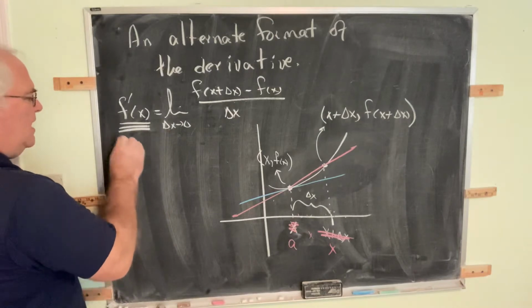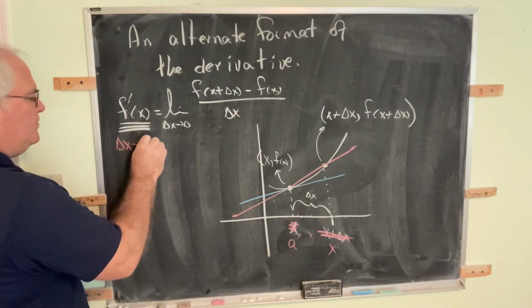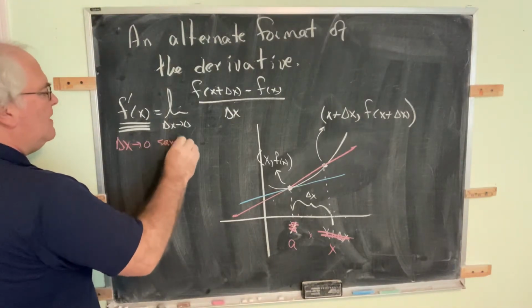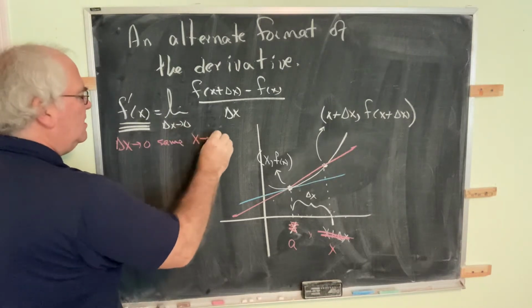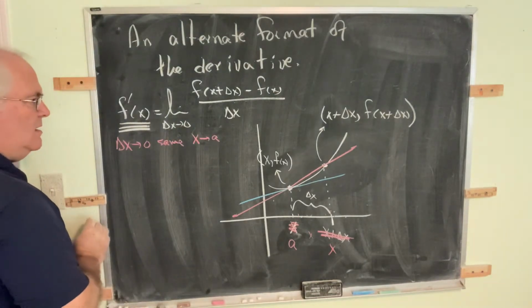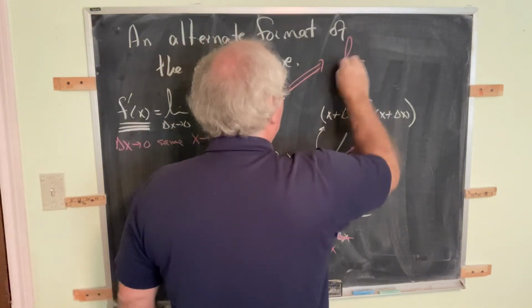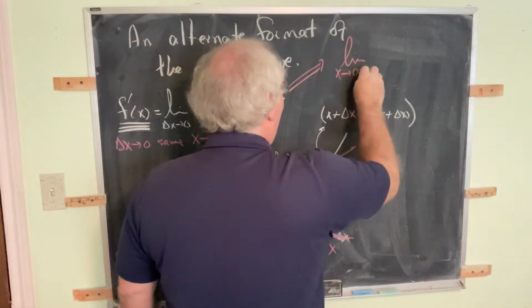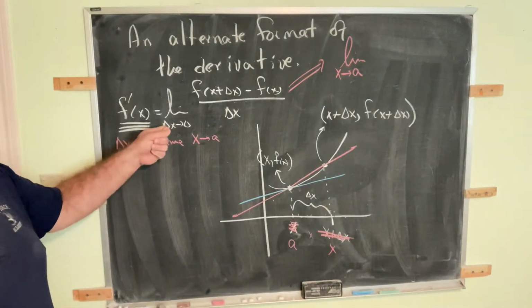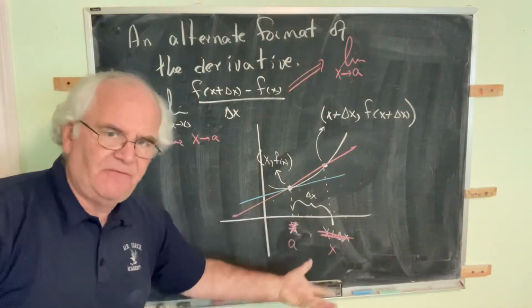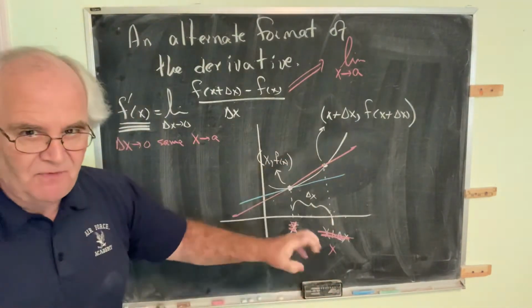So delta x goes to 0 is the same as x goes to a. So our new notation is going to be, we're going to take the limit as x goes to a, rather than delta x goes to 0, but it's a different notation for the same thing occurring.